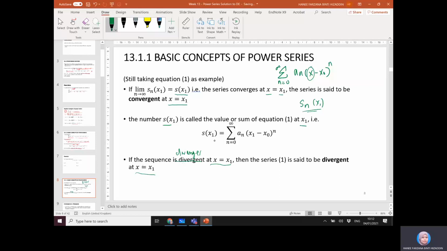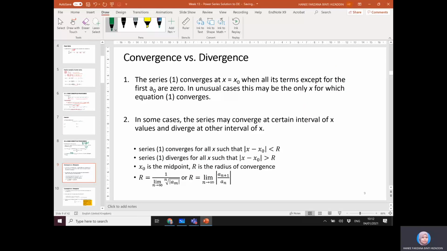When you replace this x in the original equation with x1 and it diverges, then it is said to be divergent. Okay. So convergence versus divergence, how do we determine and define if the series is convergent or divergent?